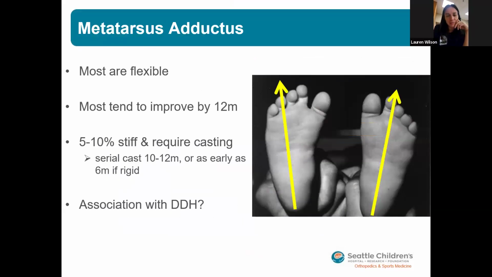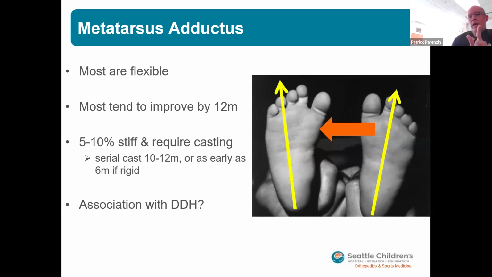Yeah, and those are, you just grab the heel and push on it, and if it doesn't want to push, we got to think about casting it. We'll give them a couple months just to see what happens, but oftentimes if it's stiff, you got to push it over, which is fun to do clinically.